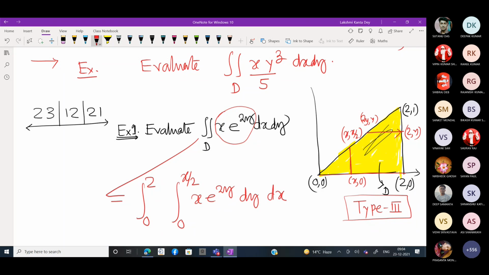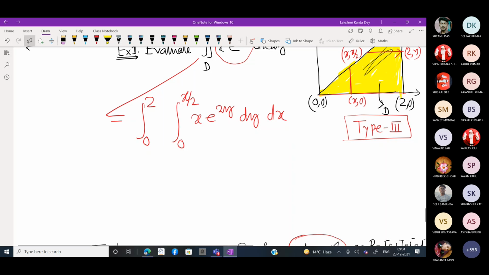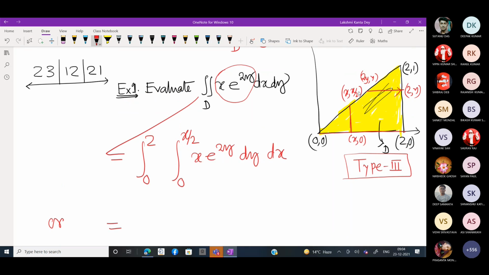That is one way. Another way we can do is as if we go along this direction. That means what is the range for y? y is 0 to 1.